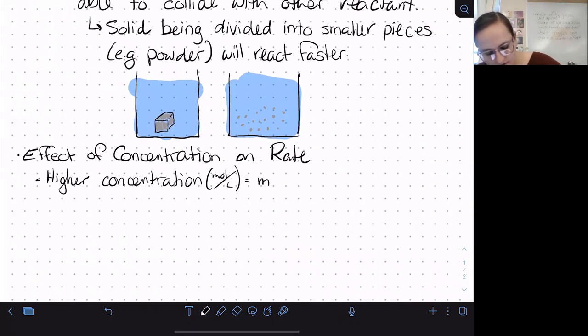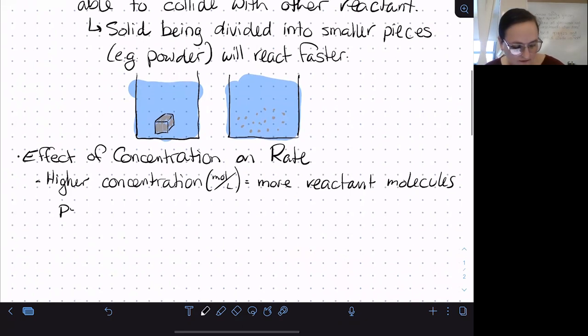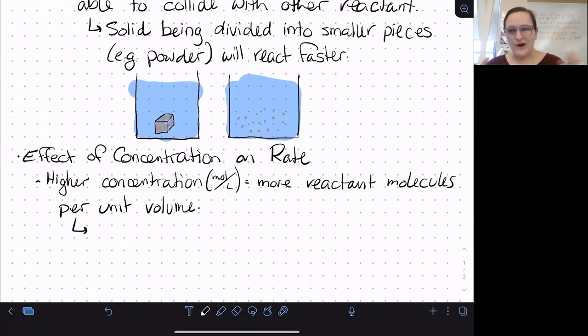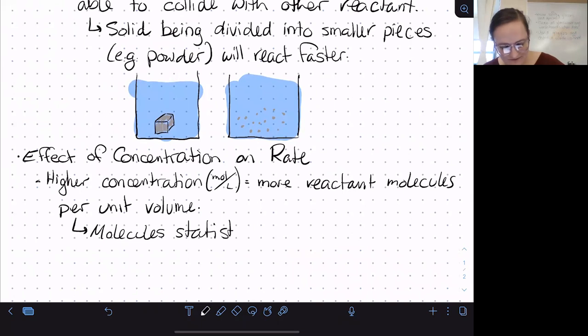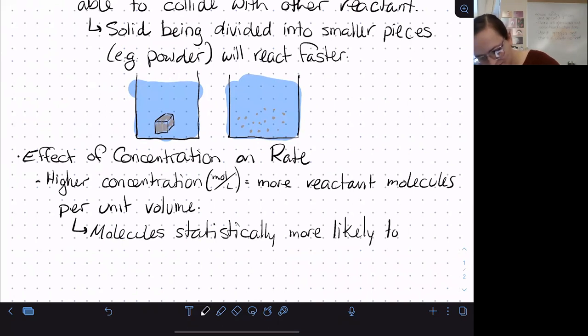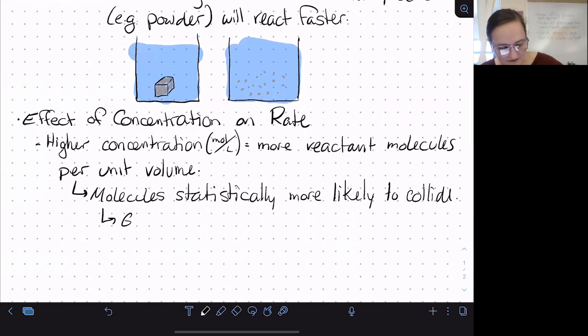We know that that means there are more reactant molecules in the same amount of space or per unit of volume. So if you're cramming more stuff into the same amount of space, it means that your molecules are just statistically more likely to bump into each other. So you get a greater number of total collisions, which leads to a faster reaction.